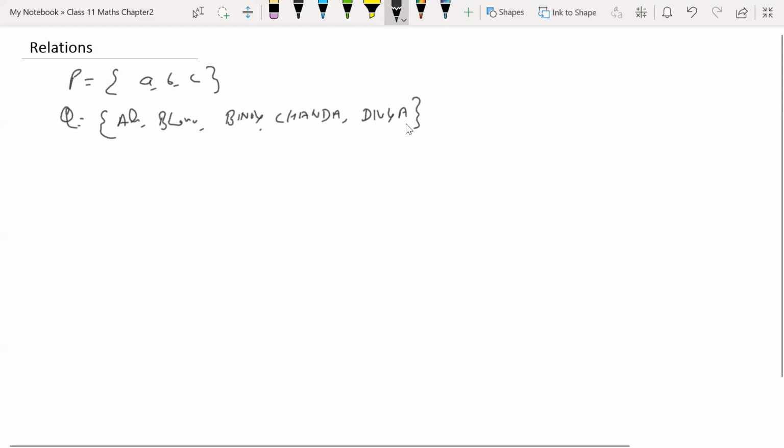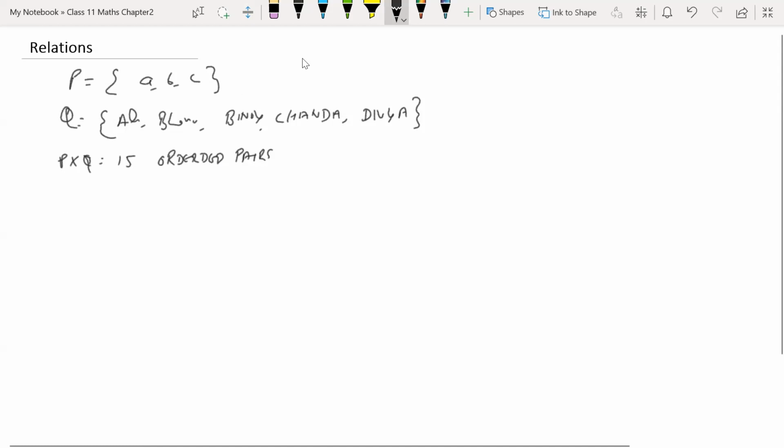There are 3 elements in set P and 5 elements in set Q. So we can say that P cross Q has 15 ordered pairs. Why?